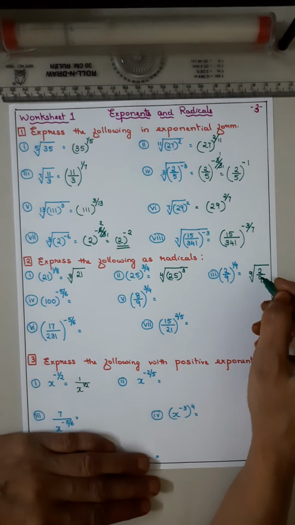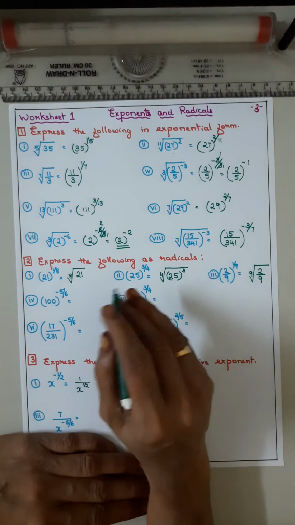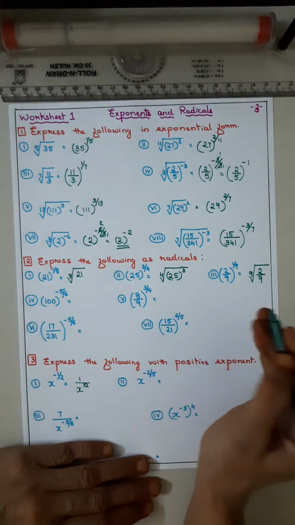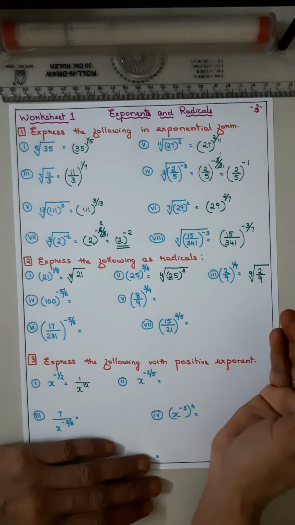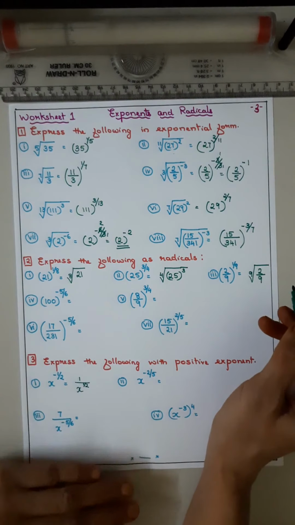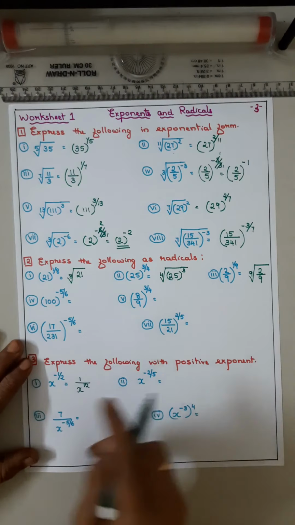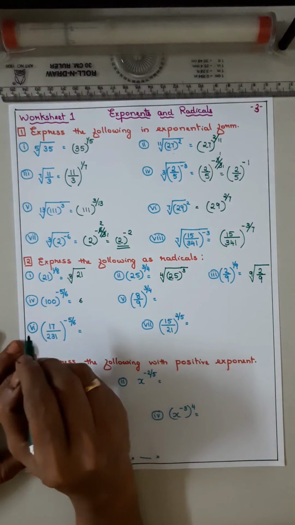Please remember when writing the root, the index goes inside the root sign, on the outer side; do not write it big. Then it will not come like 4 root 25. You should not write like that. It is the 4th root of 25 to the power 3. Now in this, which is the index? 6, isn't it?